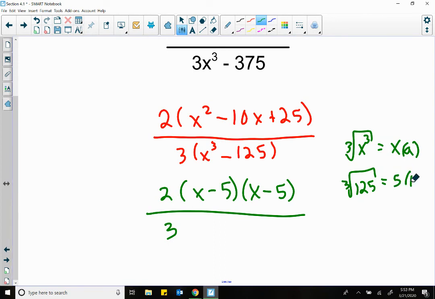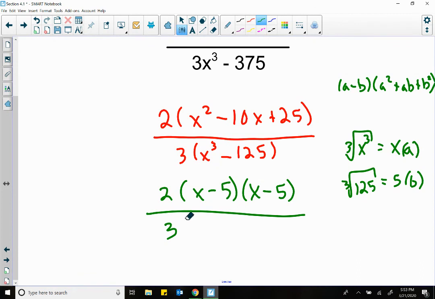And that's the b. Remember, since this is a difference of cubes, a difference of cubes factors as a minus b, and a squared plus ab plus b squared. Okay? So that's how a difference of cubes factors.